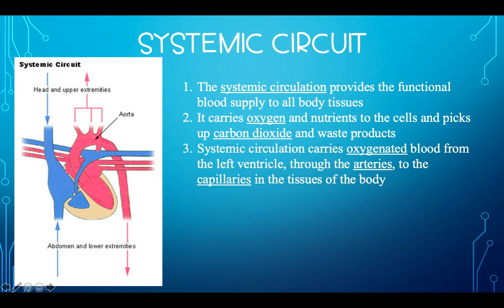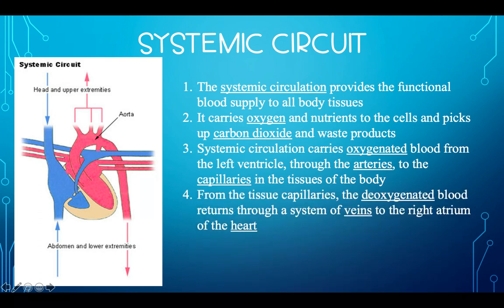The systemic circulation carries that oxygenated blood from the left ventricle through your arteries to the capillaries in the tissues of the body, and we're going to get to capillaries in a second. From the tissue capillaries, the deoxygenated blood, so it's back to blue, returns through a system of veins. So veins are for deoxygenated blood, arteries are for oxygenated blood. It returns through a system of veins to the right atrium in the heart, and the right atrium is right here.